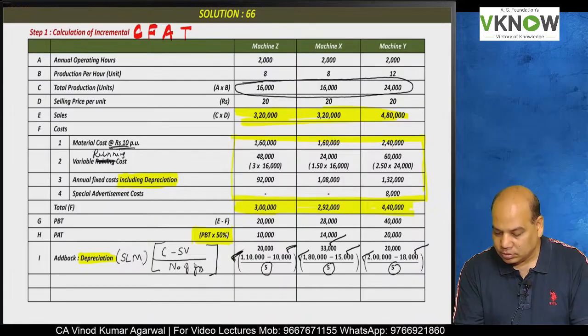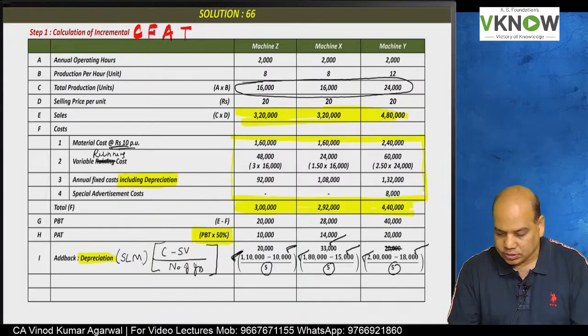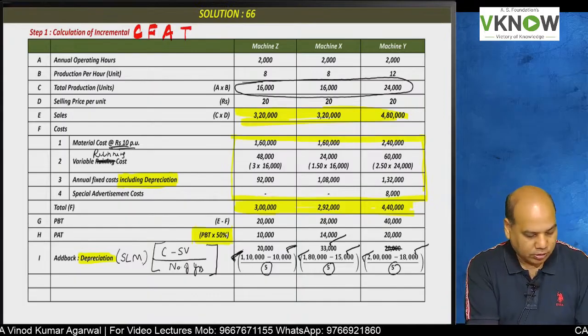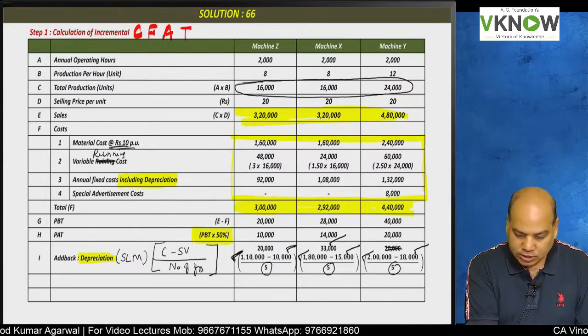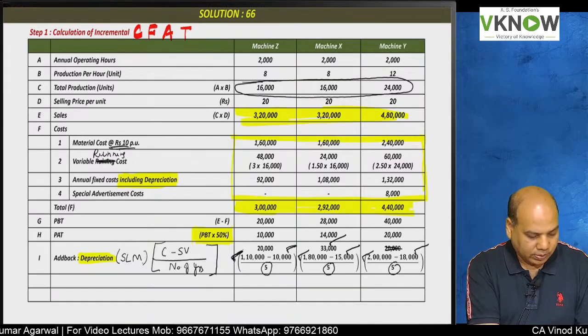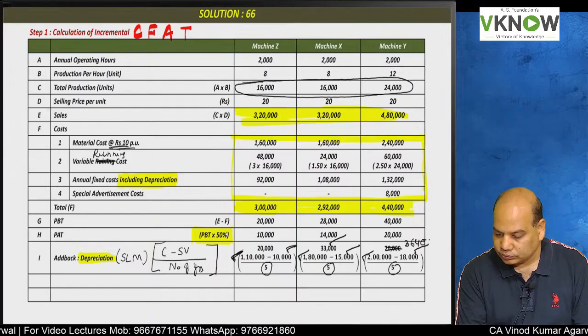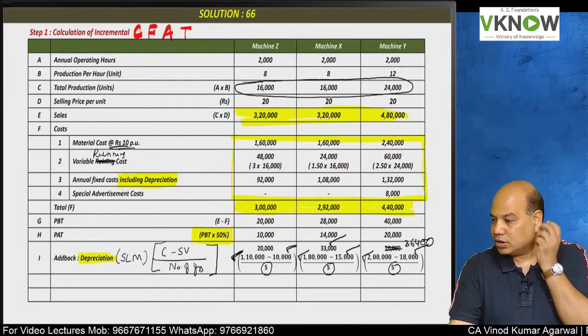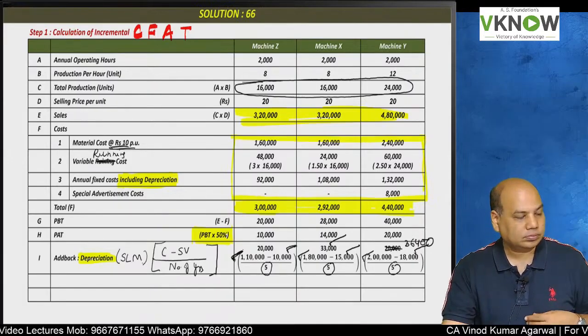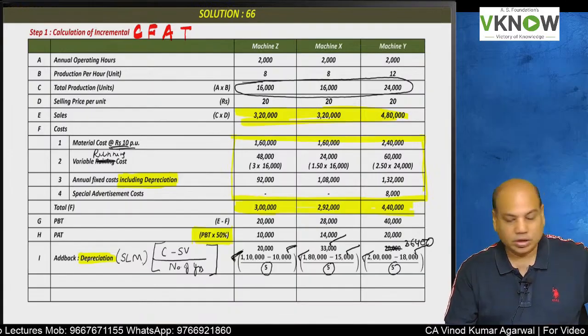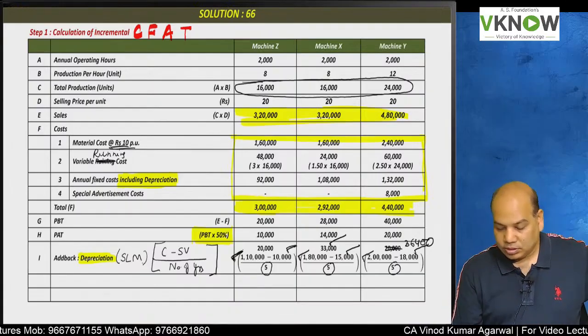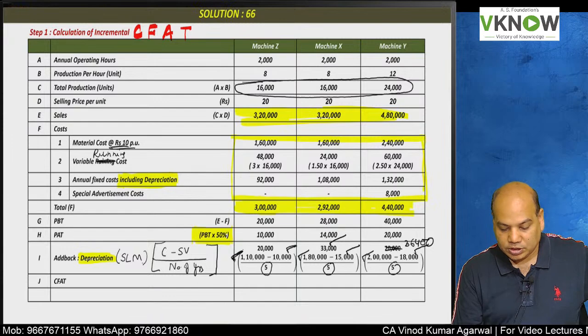So please check the answer. This is not 20,000, this is something different. I'll write 2 lakh minus 18,000 divided by 5, 36,400. Is it 36,400? Okay. Now we got the depreciation.